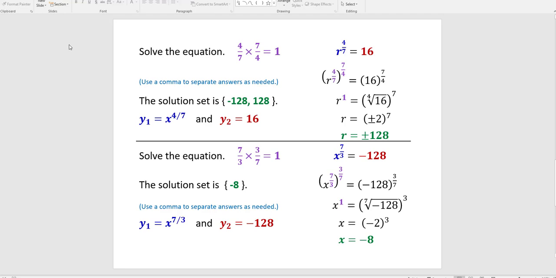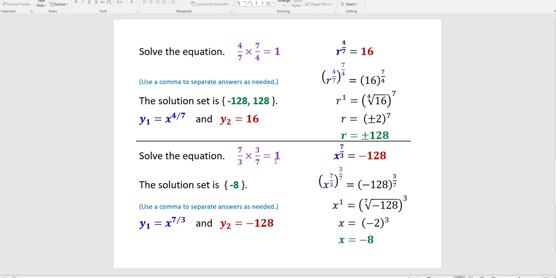Notice 4/7 times 7/4 equals 1, and 7/3 times 3/7 also equals 1. This step cancels the exponential power on the left side of each equation. This frees up or simplifies the variable.